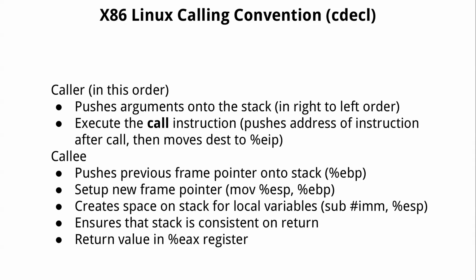When function f returns, it needs to make sure the stack is balanced. There is also a return instruction at the end of function f, and also at the end of function g, because someone else will also call g, right? And the return value should always be stored in the register EAX in 32-bit, or RAX in 64-bit. So those are the calling conventions.